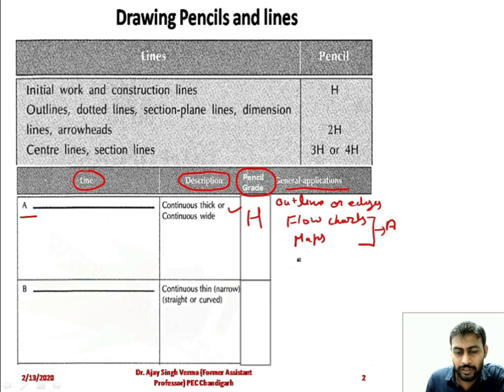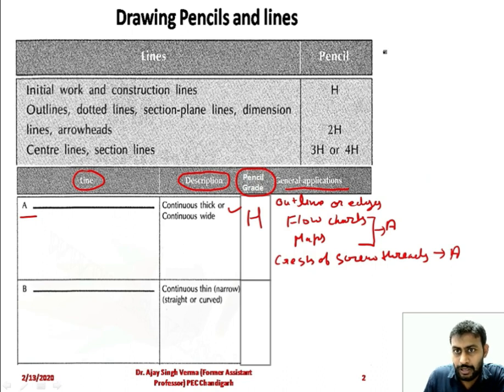Moreover, the crests of screw threads are also represented with the type A line.